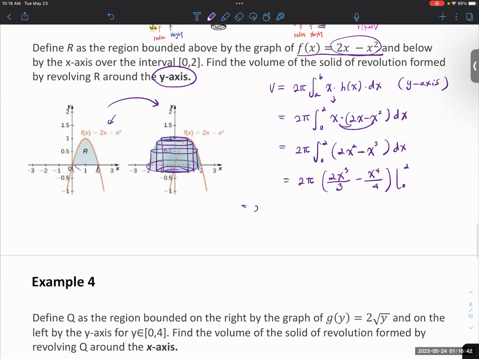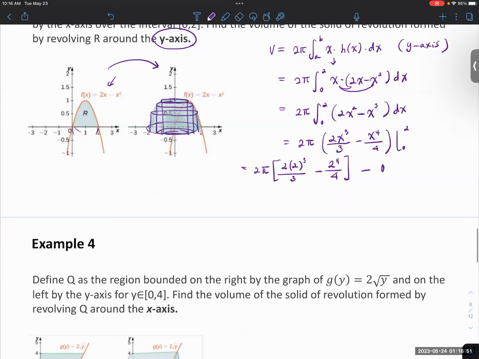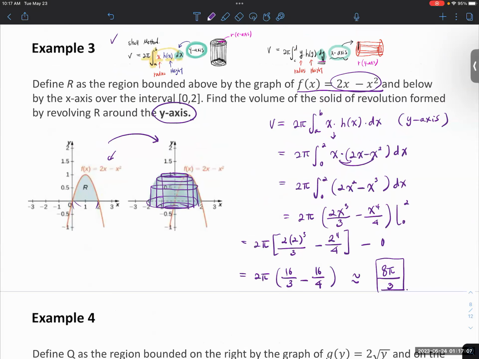So plugging in 2 and 0: 2 times 2 cubed over 3 minus 2 to the 4 over 4, and minus 0. So 2 pi times 16 over 3 minus 16 over 4. You can change it to a decimal, or you can leave it as a fraction. So that's the volume when you rotate this function about the y-axis, which means you keep adding the infinite number of cylinder shapes, each cylinder.